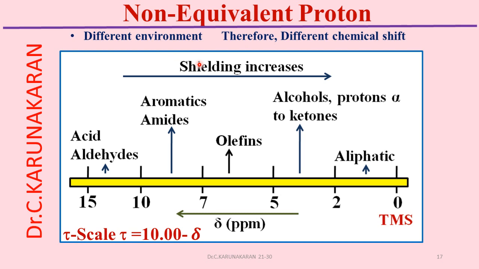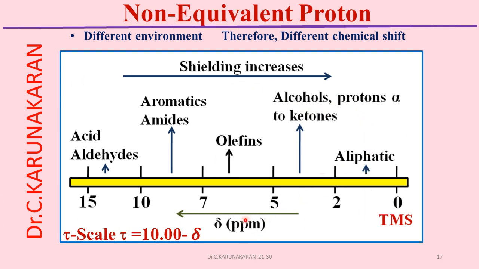Different protons in a molecule give different chemical shifts because the magnetic field felt by the different types of protons will be different. Therefore, the Larmor frequency is different, and they will occur at different chemical shift values. Here, I have given different organic compounds with different chemical shift values.